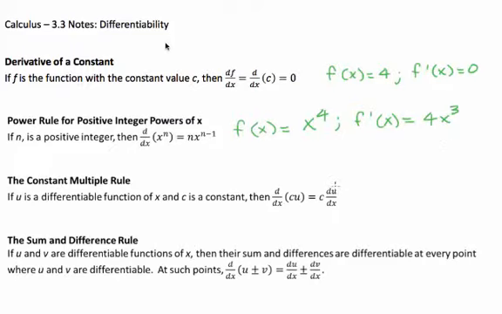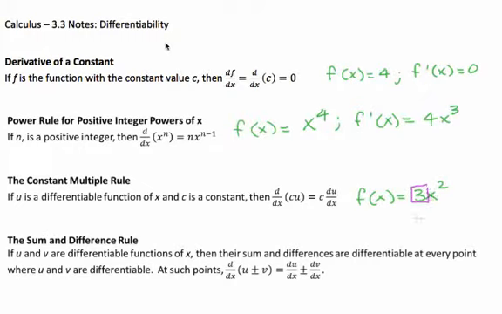Well, what about if we have some function u and it's differentiable and c is a constant, then what? Well, that would be something like this. If f of x equals, say, 3x to the 2nd, okay, then we have a constant, and that constant in this case is the 3.